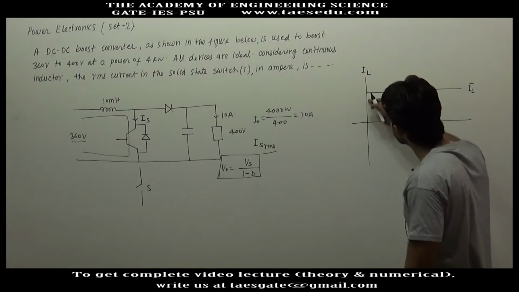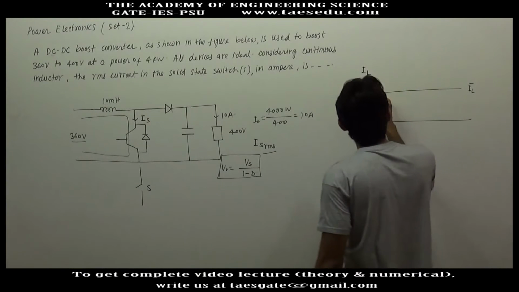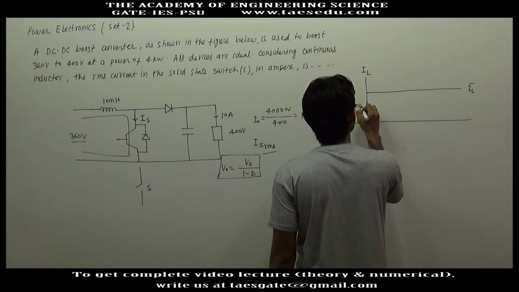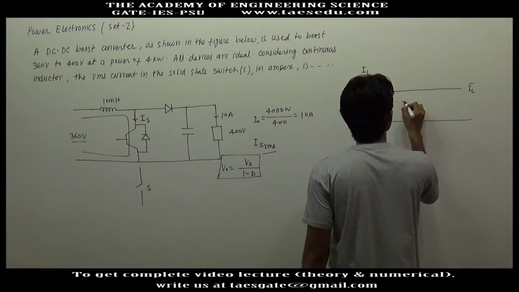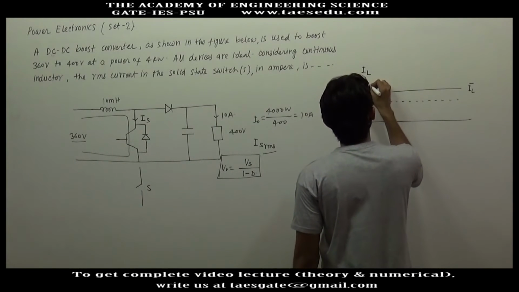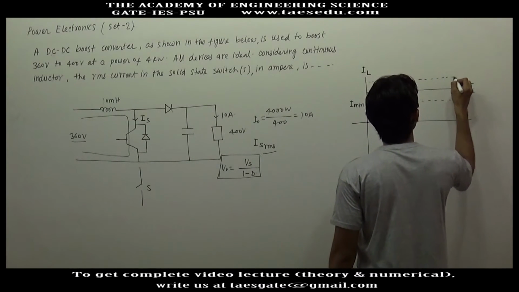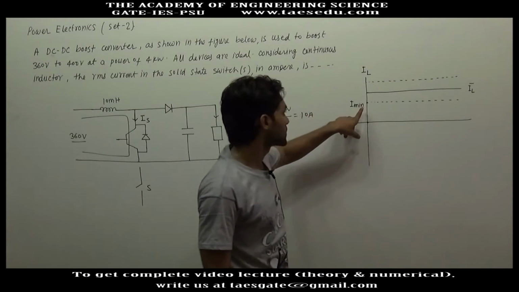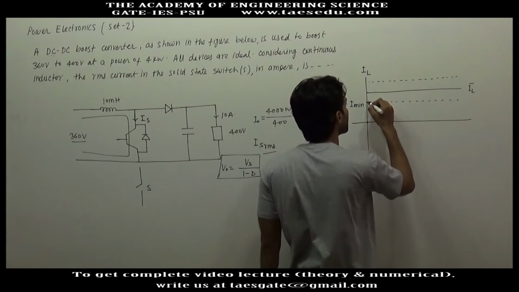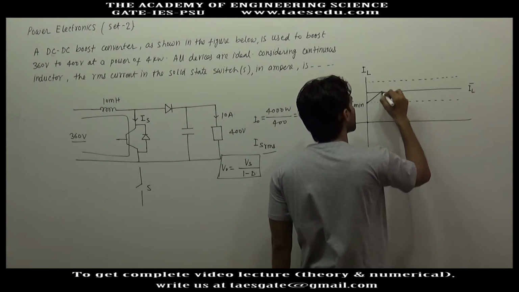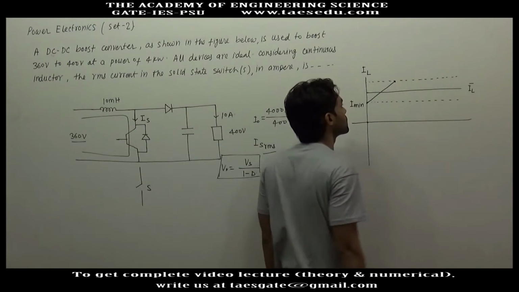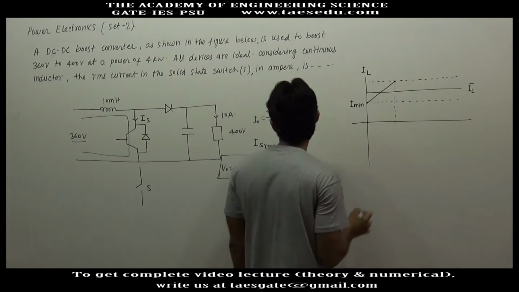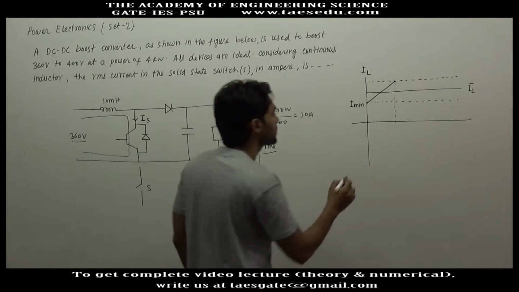The point where inductor current starts growing will be the minimum value of inductor current, and this is the maximum value of inductor current. If it starts growing from the minimum value, the point where it stops growing will be the maximum value. The duration for which this switch is connected will be T on.